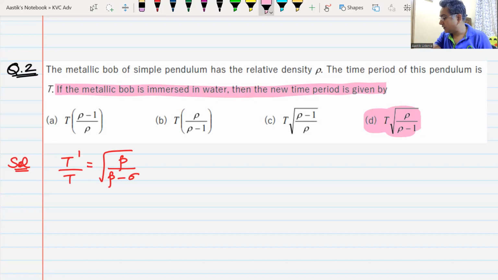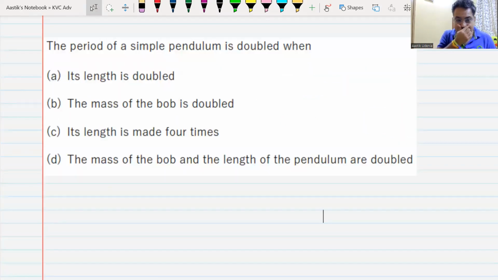Give me the answer, fatafat. I don't have time. The time period of a pendulum is doubled when? When is it doubled? No idea.